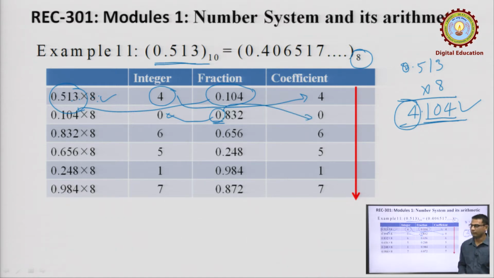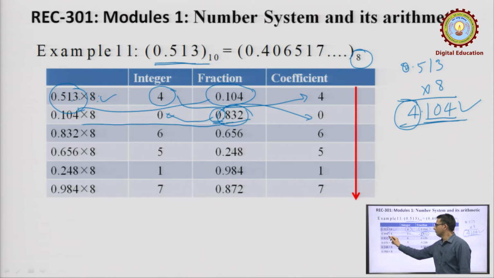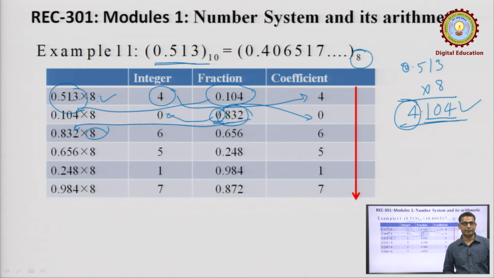For the next iteration, this 0.832 will move here and be multiplied by 8 again. After multiplying 0.832 by 8, we get 6.656.